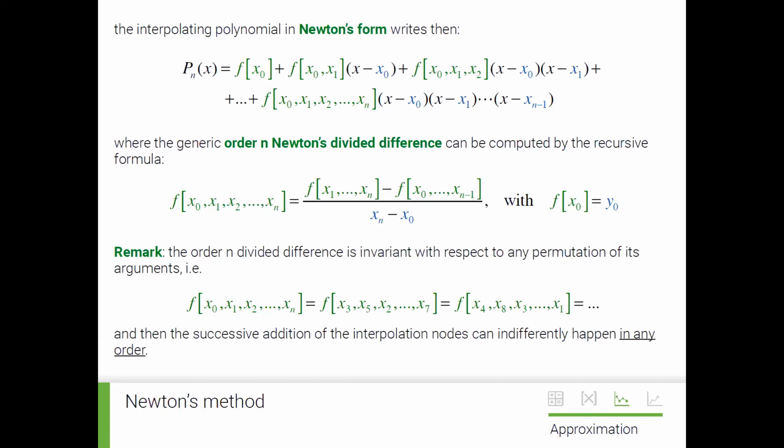So we have the Lagrange polynomial, the fundamental Lagrange polynomial. Now we have Newton's form also. Here the coefficient f[x0, ..., xn], Newton's divided difference of order n, can be computed by the recursive formula, with the first condition, of course, f[x0] equals y0.